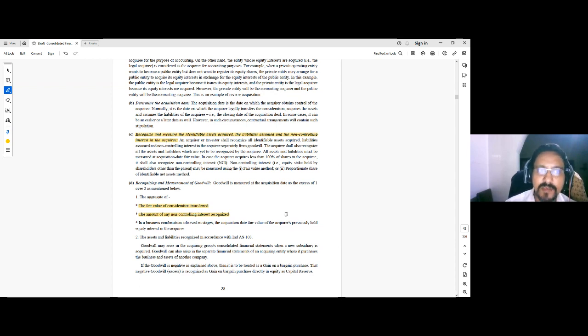So simply said, first we need to calculate step 1, which requires us to get the aggregate of the fair value of consideration transferred and the non-controlling interest value recognized. Then with this we need to compare the net assets recognized, that is, fair value of assets minus fair value of liabilities. Now there are two possibilities: either 1 is greater than 2 or 1 is less than 2.